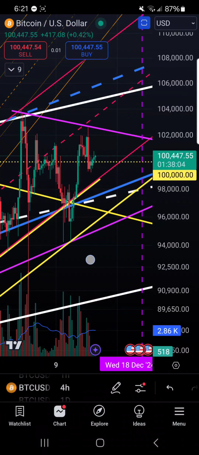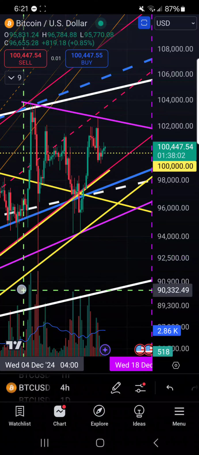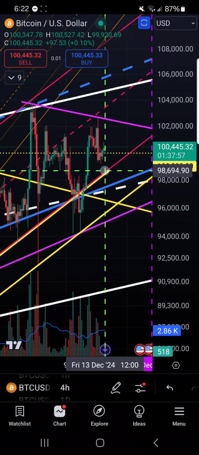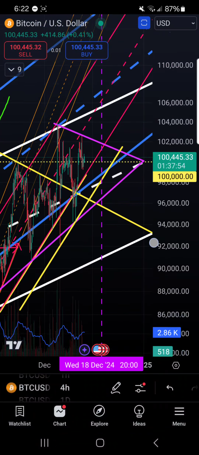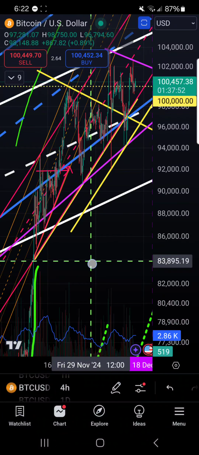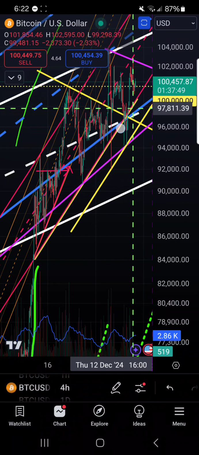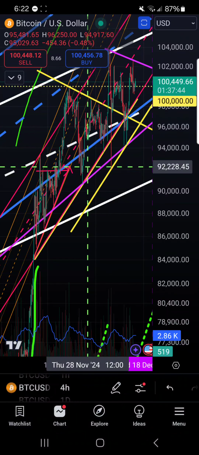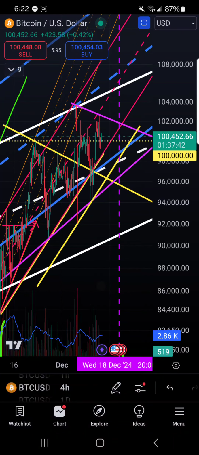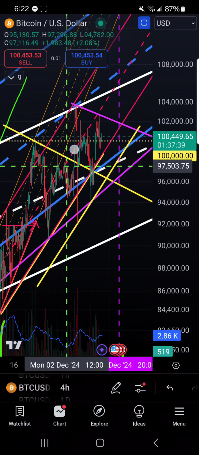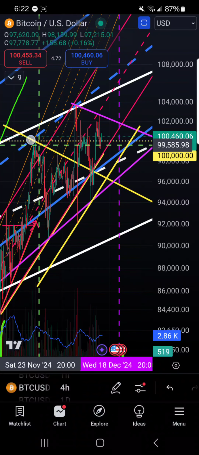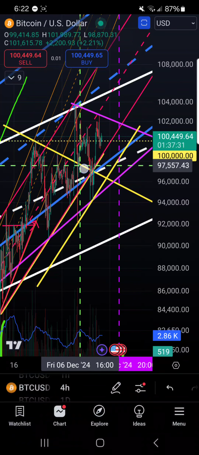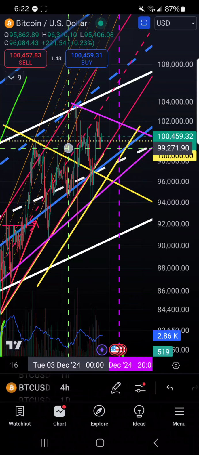So the saving grace here is that we have these other yellow lines right here, and this red channel that we're traveling upwards in. The red channel that we're traveling upwards in is also the base of this previous consolidation triangle here. And really all we've done is just continue upwards in that red channel after going through this block right here, the yellow line, which is the top of the previous triangle.